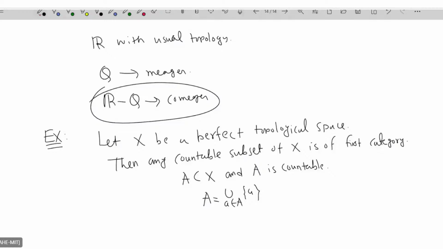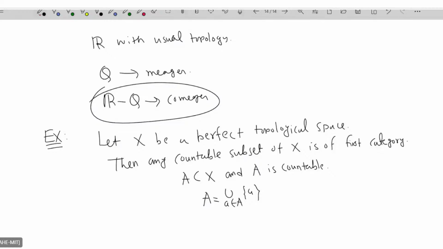Why again can it not be an open set? Because if singleton {a} is an open set, then {a} is an isolated point. Correct? Isolated point means there will be an open set containing the point a itself. So this implies that singleton {a} is a nowhere dense set and hence A is a set of first category.